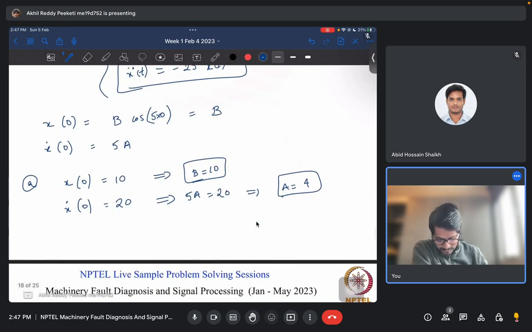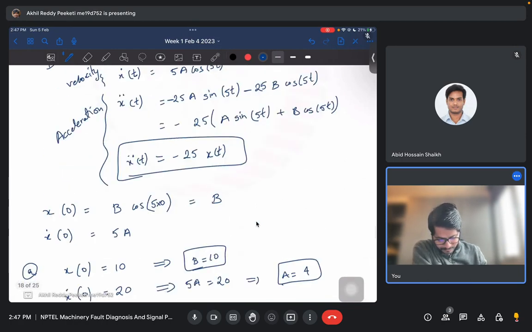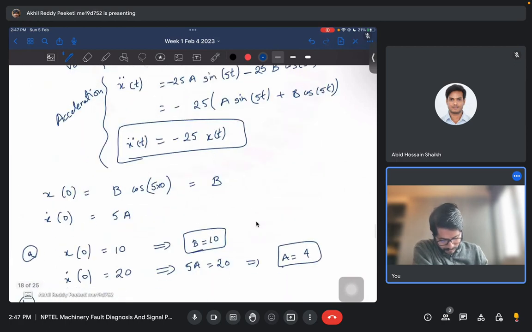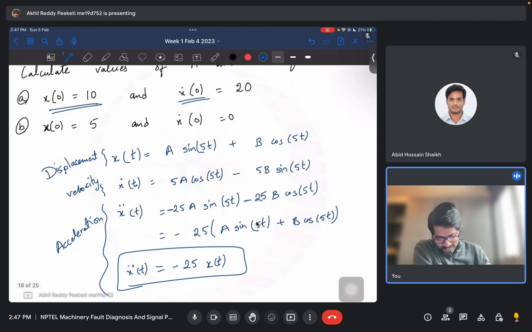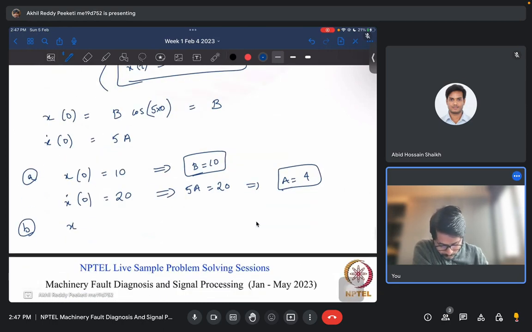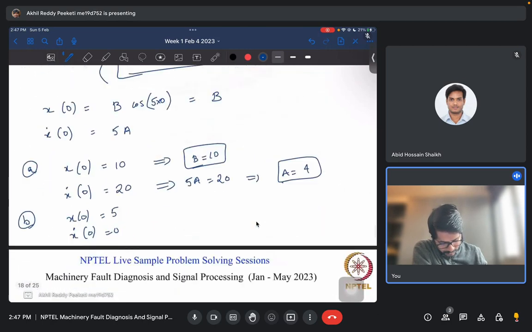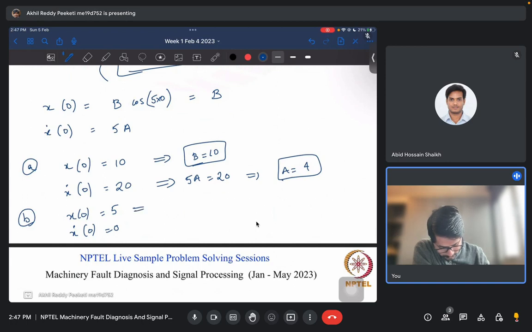Okay. And for case B, x of 0 is 5, x dot of 0 is 0. So x of 0 is b, so b is equal to 5, and x dot of 0 is 5a, which is 0.